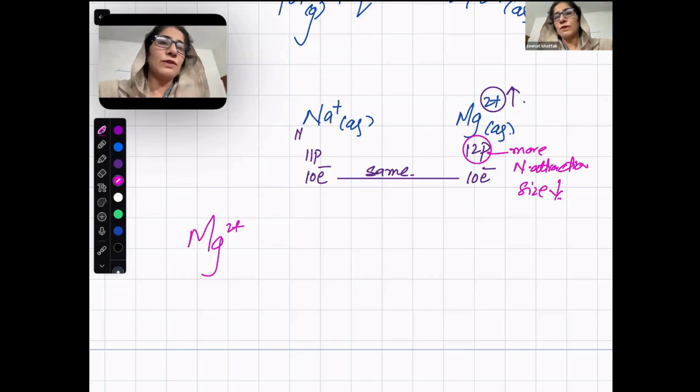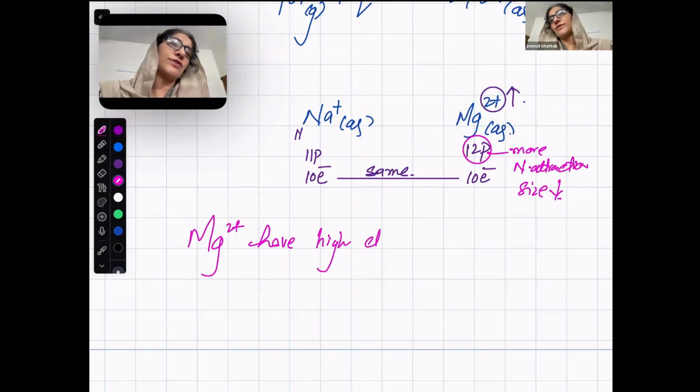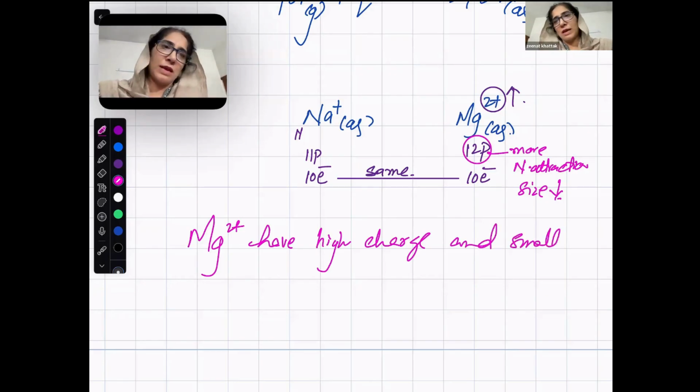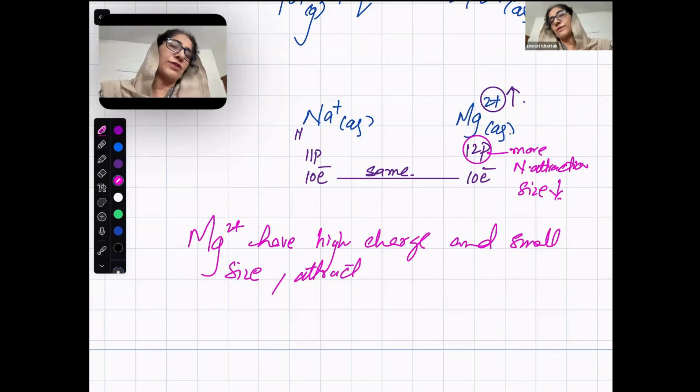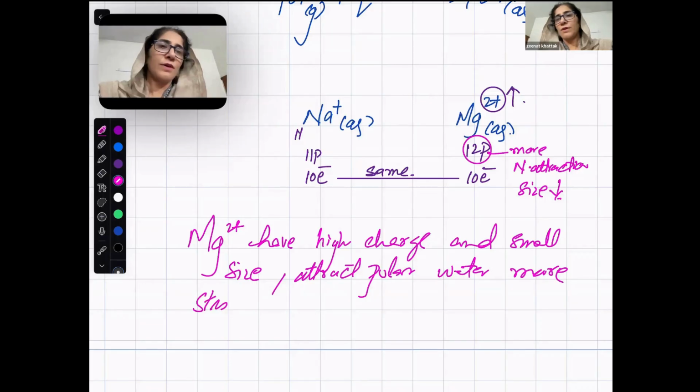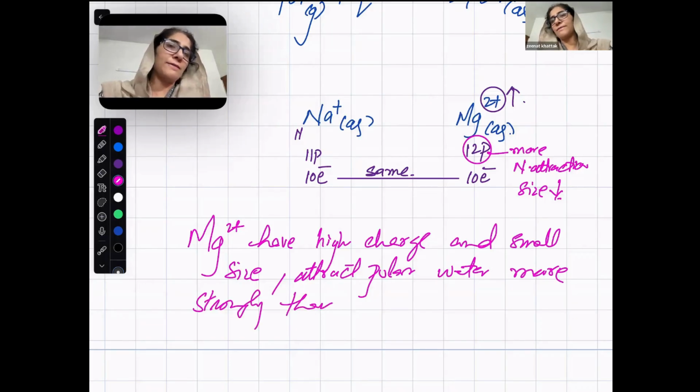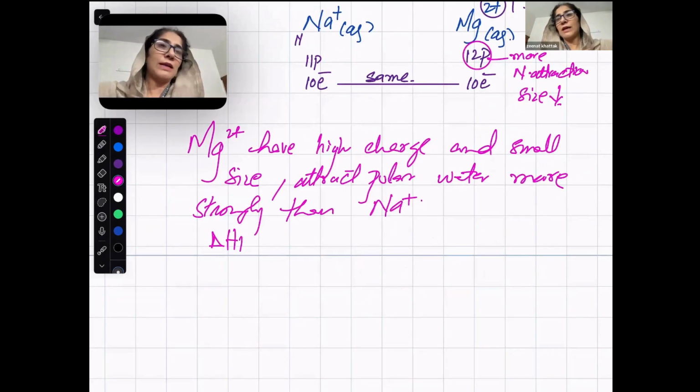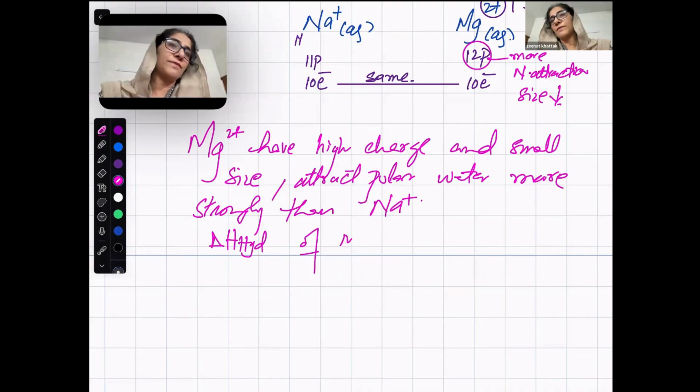Mg2 plus has high charge and small size, attracts polar water more strongly than Na plus. The delta H hydration of Mg2 plus is more exothermic.